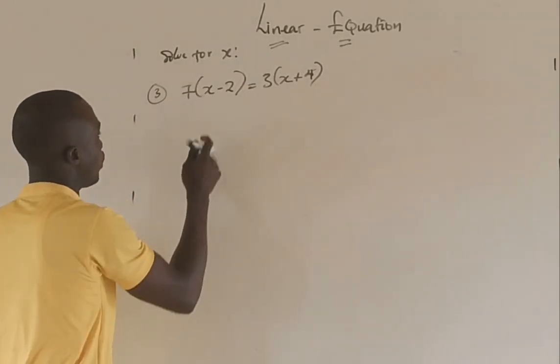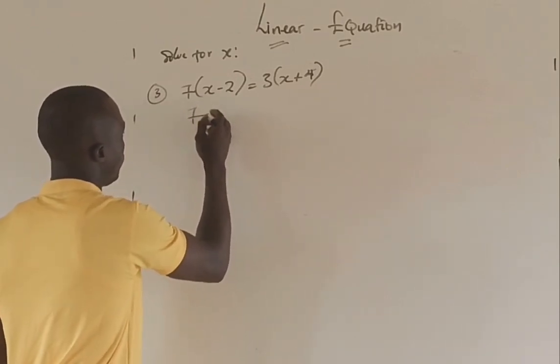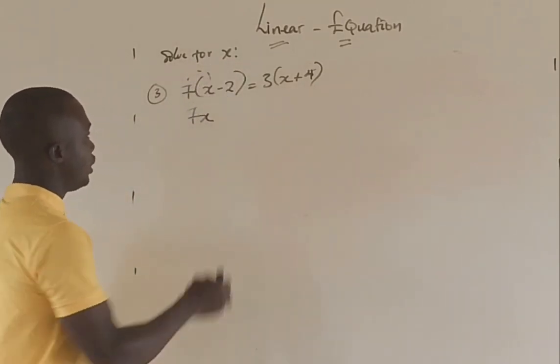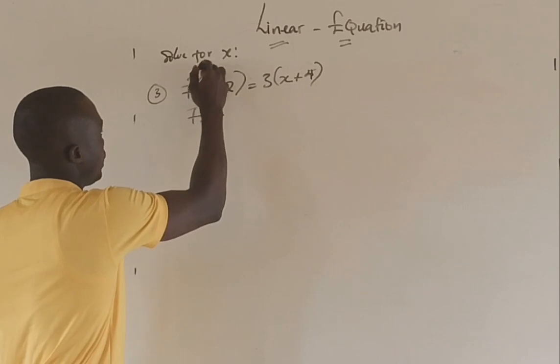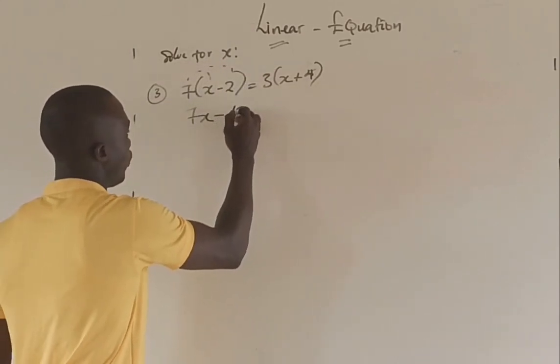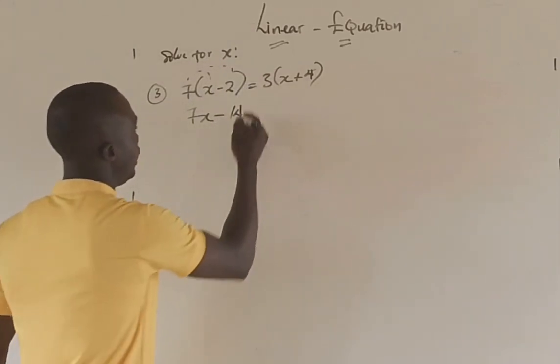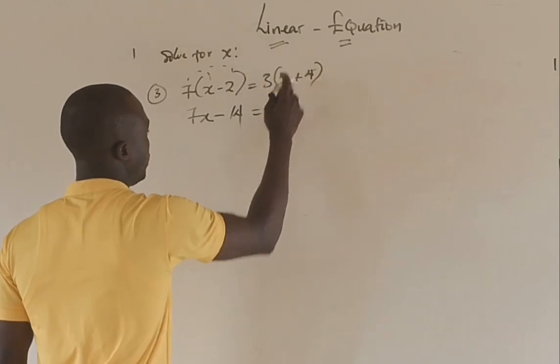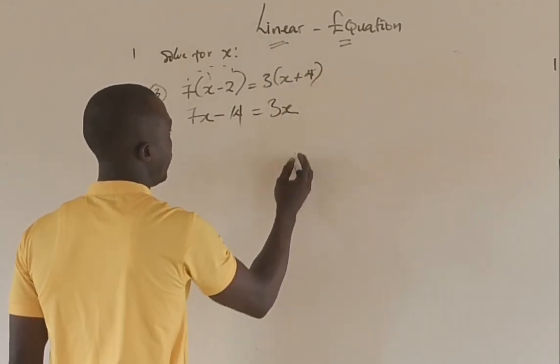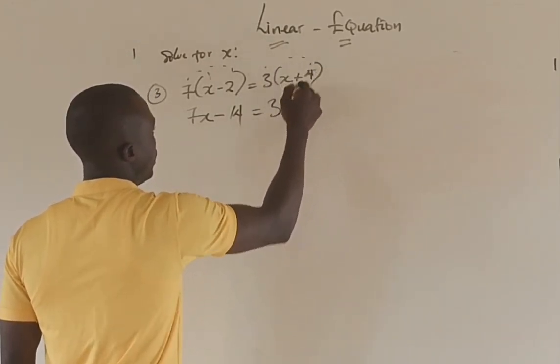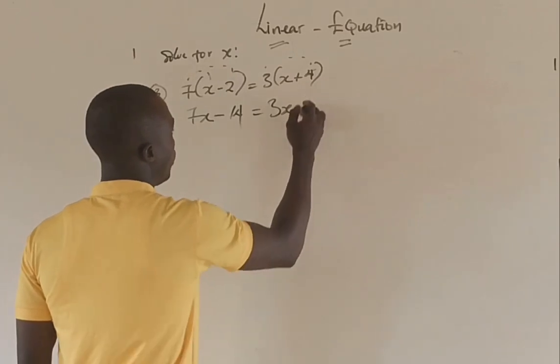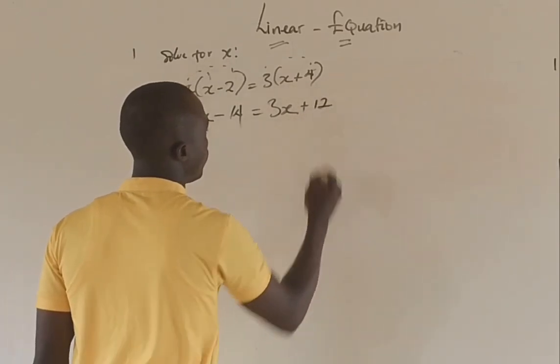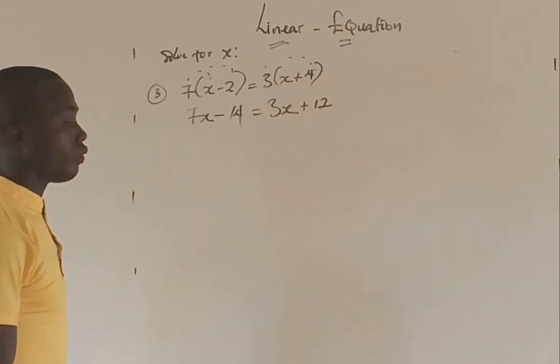So here we have 7x, which is 7 times x. We bring down our minus sign here. 7 times 2 will give us 14. Then equal to 3 times x, which gives 3x. Then 3 times 4 will give us 12.